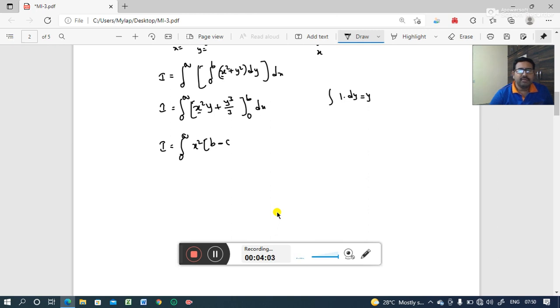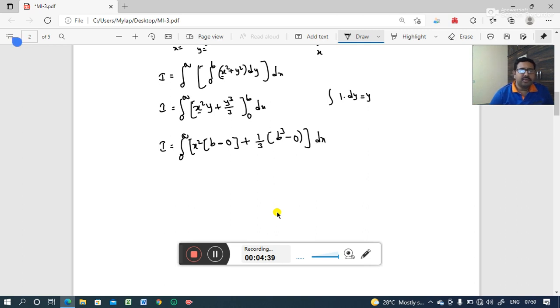Plus the second term is y cube by 3. Here you treat 1 by 3 as constant. In place of y cube you write b cube using the upper limit b, and minus 0 for the lower limit, into dx.